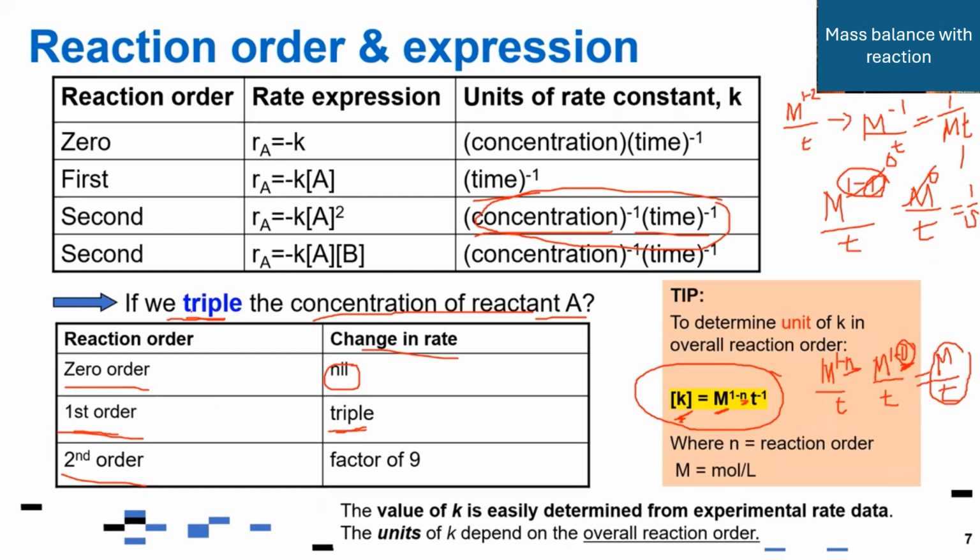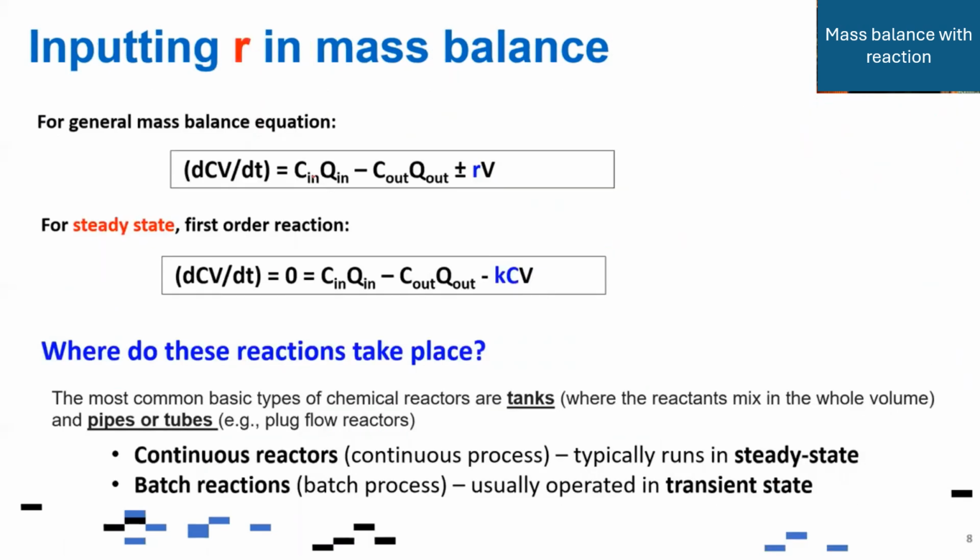So if we triple the concentration, so if we have 3 molar, then the reaction rate will change by a factor of 9. So it will increase quite high for this case. All right. So please remember the relationship between concentration and the reaction rate based on the various reaction orders. These are important, and we will be giving some examples on how to use that.